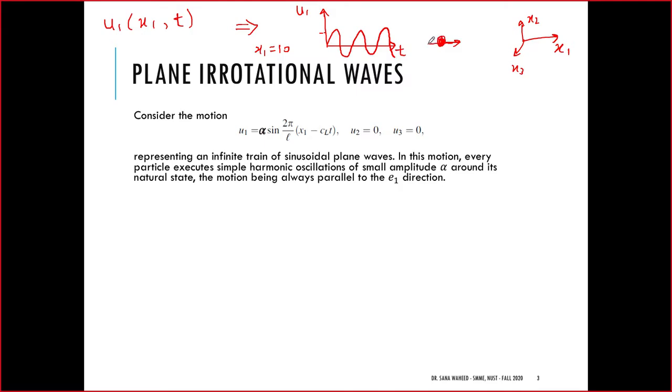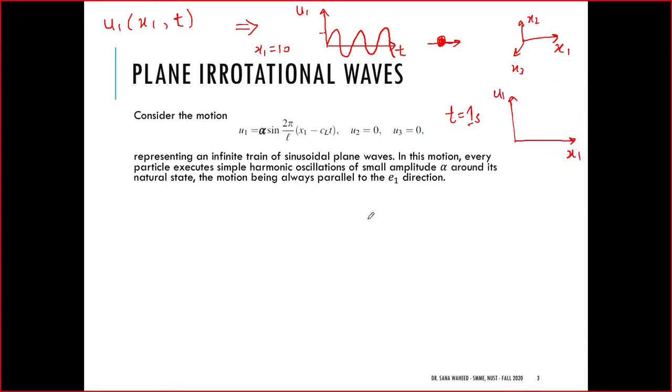But what if I actually fix myself in time and look at how the displacement is changing across space? Meaning, how the displacement is changing across particles. Even then, for example, I'm looking at a snapshot at, let's say, t equal to 1 second, and then I plot my u1 against x1.